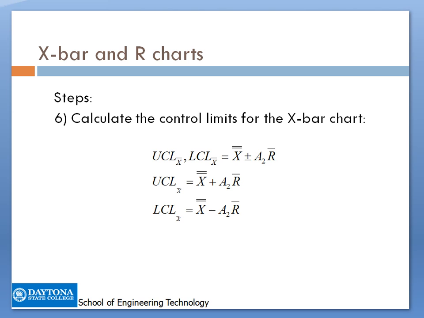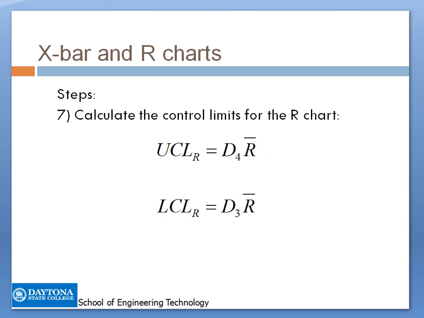For the lower control limit, it's the same A sub 2, but you have to subtract it from the X double bar. So once you calculate the control limits for the Xbar chart, now you have to do it for the R chart.